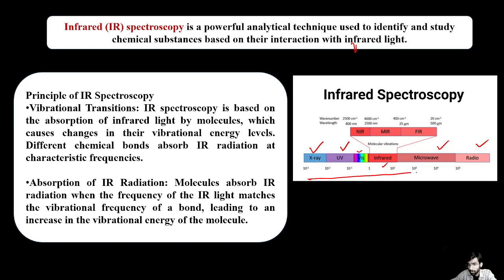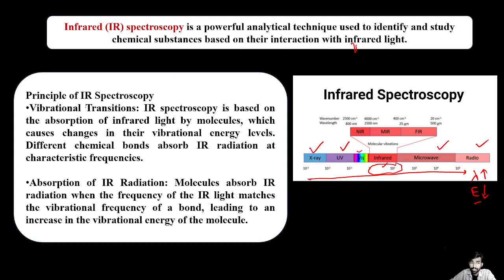Whenever you go from here to here, the wavelength is increasing and energy is decreasing. Got it? The infrared comes in that region. This is the infrared region. In infrared there is no electronic transition or nuclear transition, nothing like that.